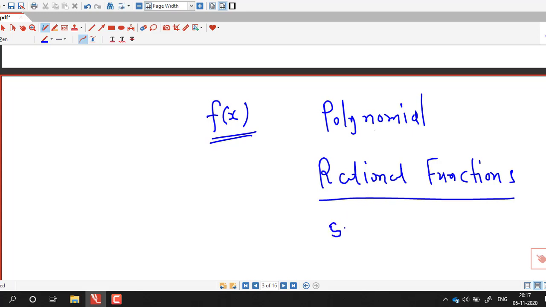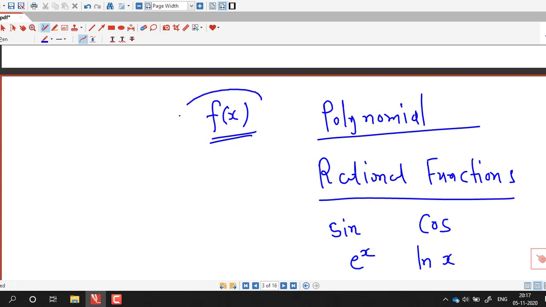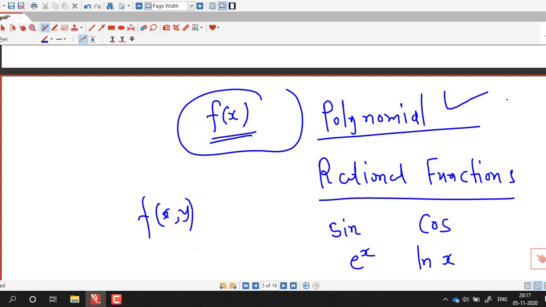Similarly, we know all these standard functions: sine function, cosine function, exponential function, logarithmic functions. So all these standard functions are continuous if we consider them as a function of one variable. But here also, if we consider polynomial function in two variables, rational function in two variables, then this property is true for functions of more than one variable also.